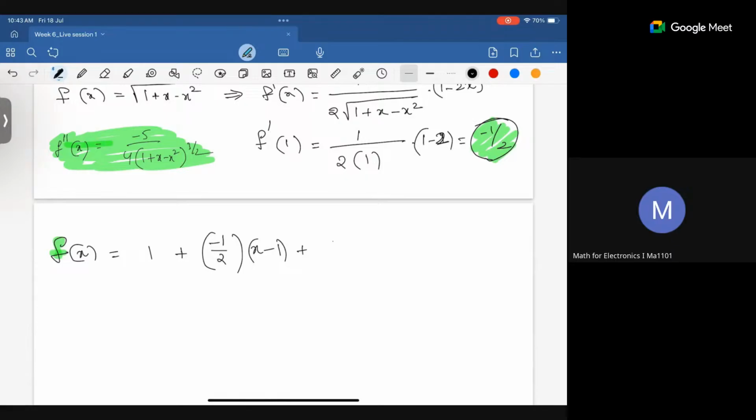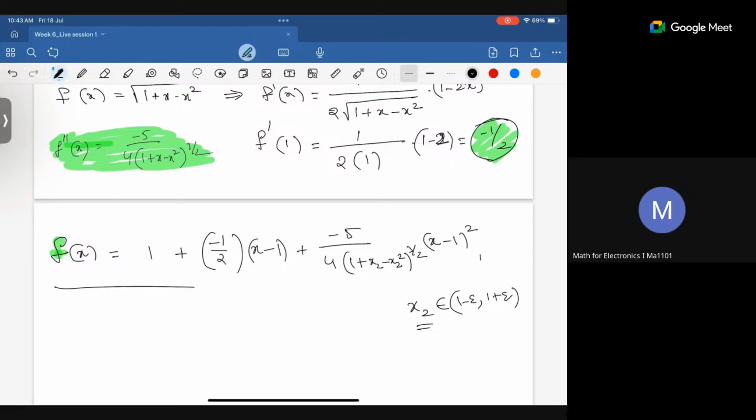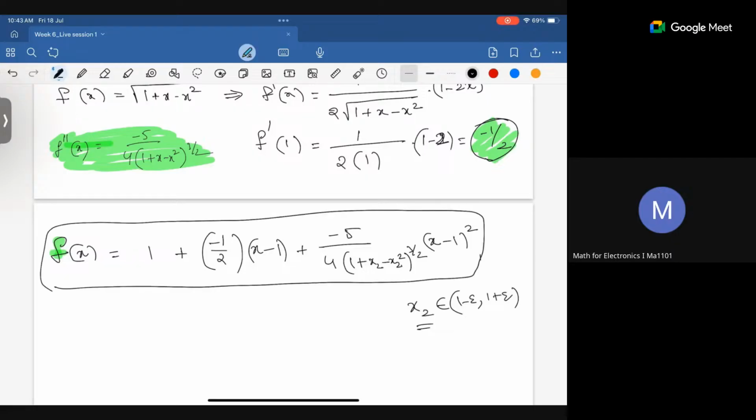Okay, so that is minus 5 by 4 into 1 plus x2 minus x2 square whole power 3 by 2 into x minus 1 whole square for some x2, right? Around 1, you can think of like 1 minus epsilon to 1 plus epsilon or some interval. Okay, so for some value x2, this is how our f of x looks.